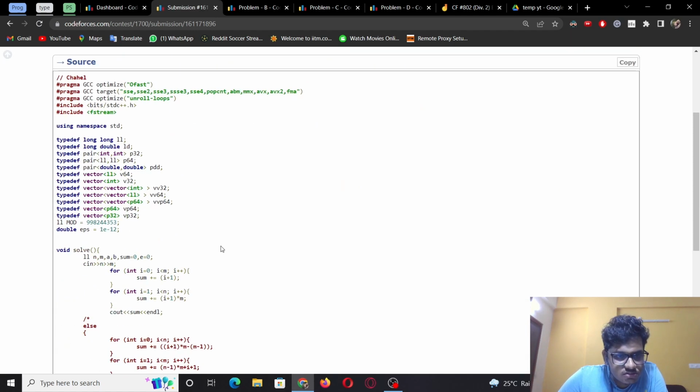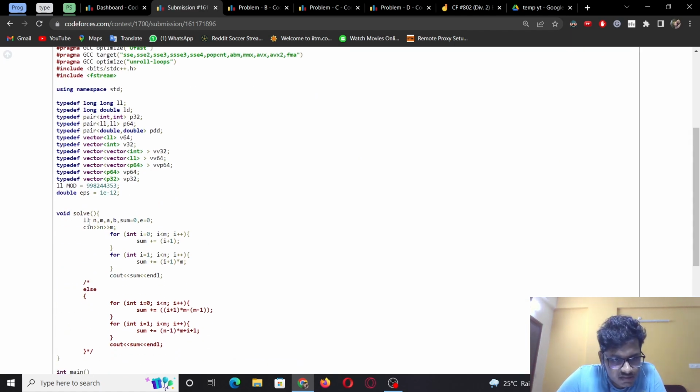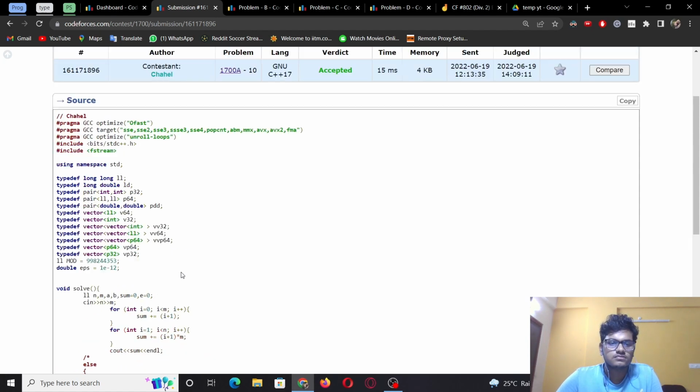I have taken n and m as inputs, traversed through the first row adding the sum, then traversed through the last column adding the sum again, and then outputted the sum. That's pretty much it for the first problem.